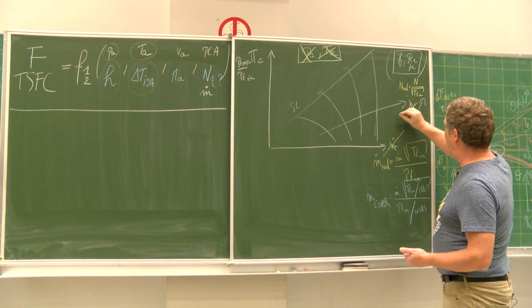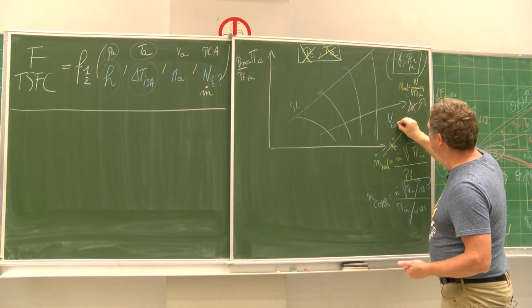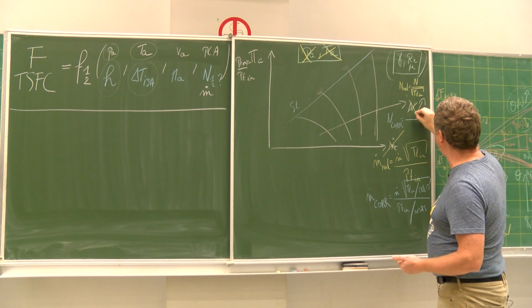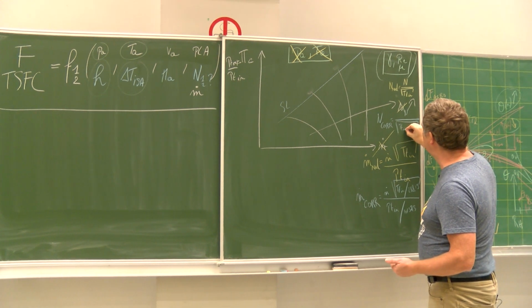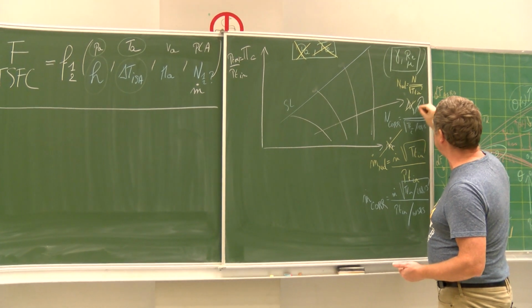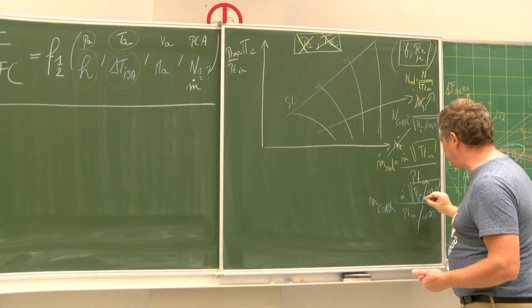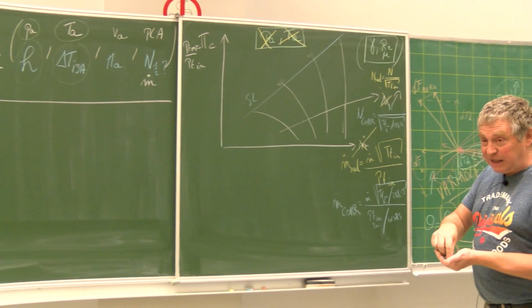And here, that we have replaced by N corrected, that is equal to N divided by the square root of TT in divided by 288.15. Of course, this expressed in Kelvin, this expressed in Kelvin and this expressed in Pascal. Why have we done this?